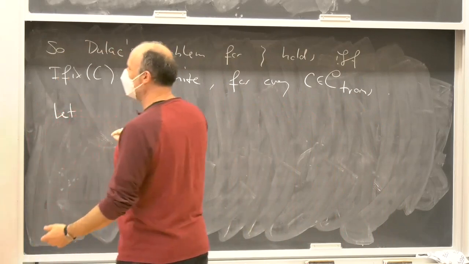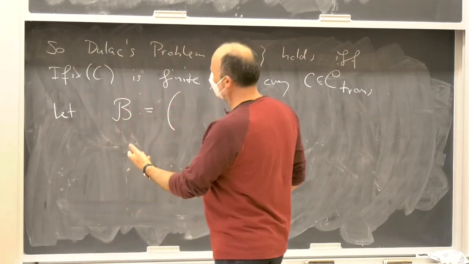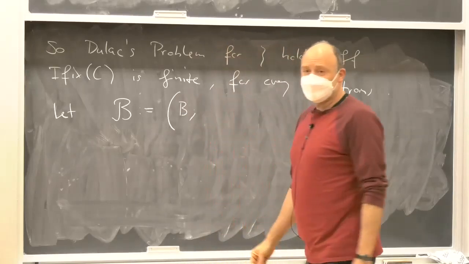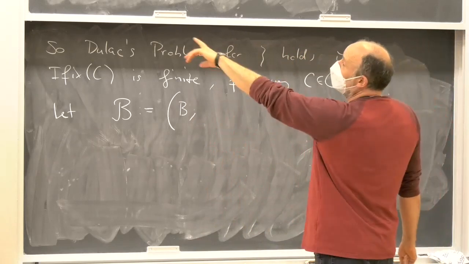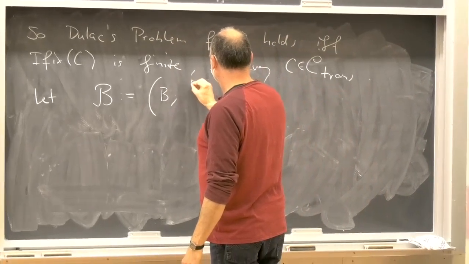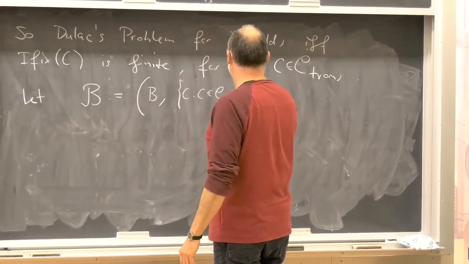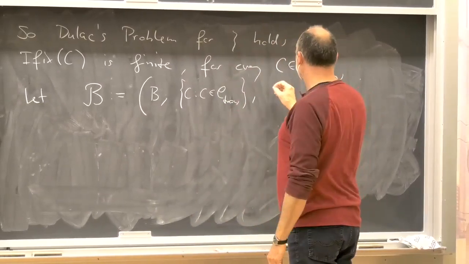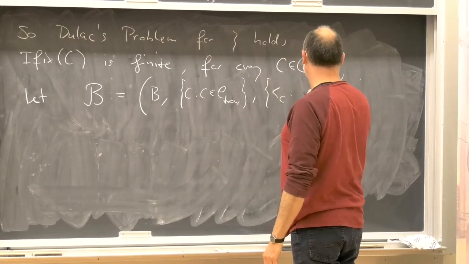The structure I'm talking about, let this thing B, curly B, be the structure whose underlying set is B. Then I throw on a predicate for every cell in C trans, together with the ordering that I just used up there for every such cell.